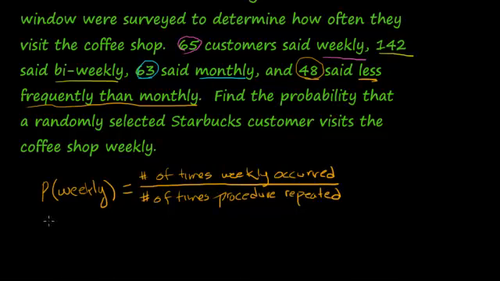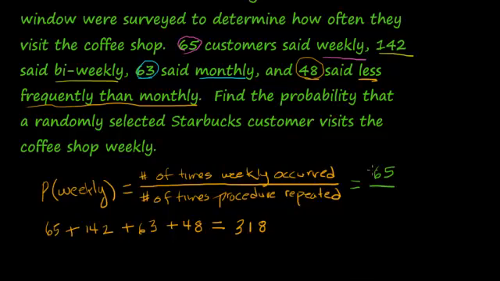So let's add that up. 65 plus 142 plus 63 plus 48. And I think that comes out to 318. So going back to our probability, then we could say the number of times weekly was the response, 65 times, over the number of surveys we took, which added up to 318.